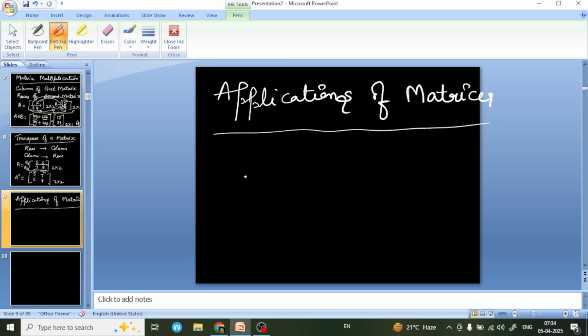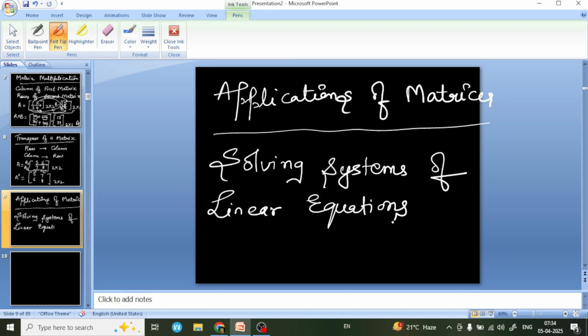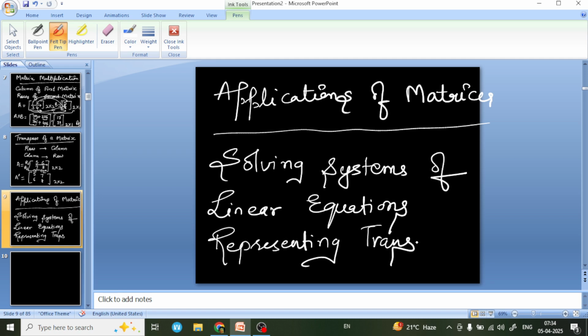We use matrices for solving systems of linear equations. Second, we use matrices for representing transformations in geometry.